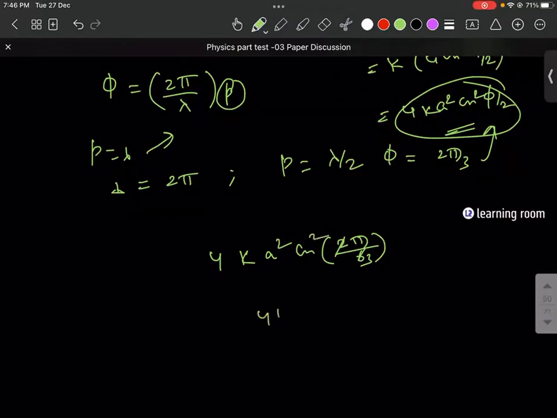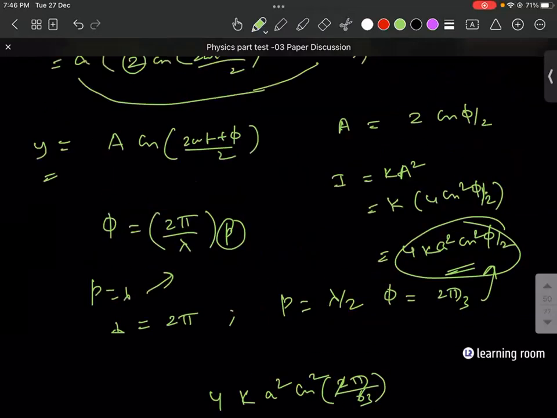Cos square pi by 3 is 1 by 4. 4 and 4 will get cancelled. k a square should be the answer. So this will be the correct answer.